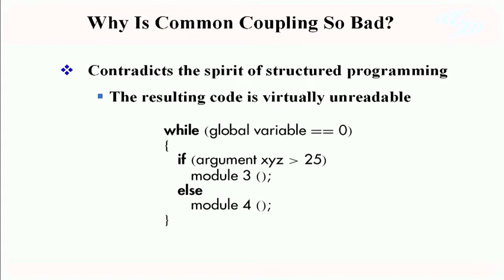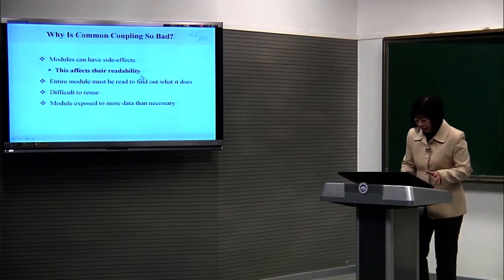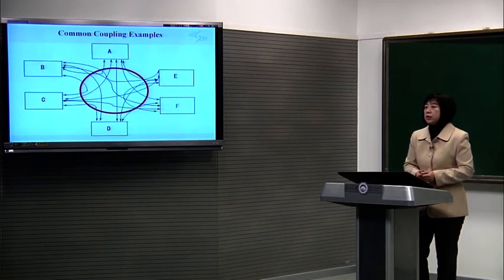So you can see that the global variable is taken as a switch in some module, and it is modified in some other modules. This will affect readability. It is really very hard to understand. Just imagine this example.